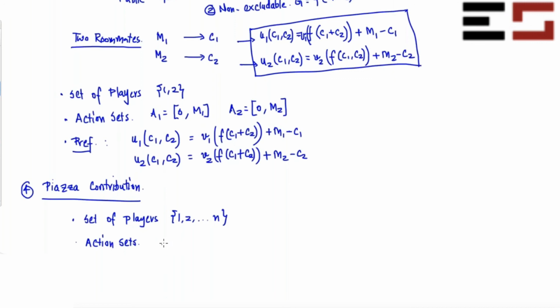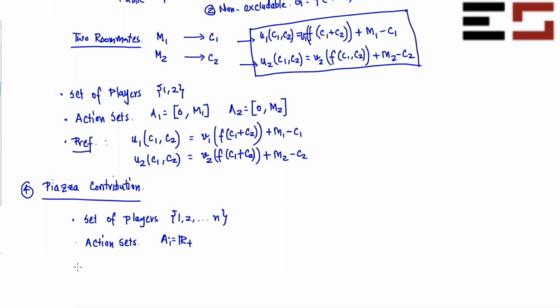The effort levels you can just quantify as non-negative real numbers. The higher the effort, the higher the cost of the effort. So efforts are chosen from R plus, so A i is R plus.